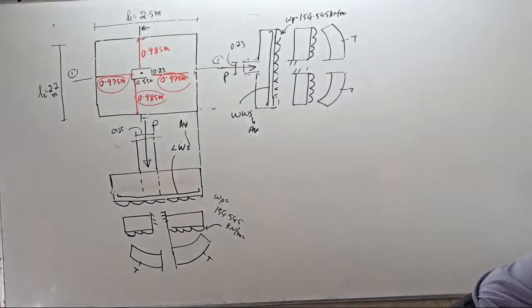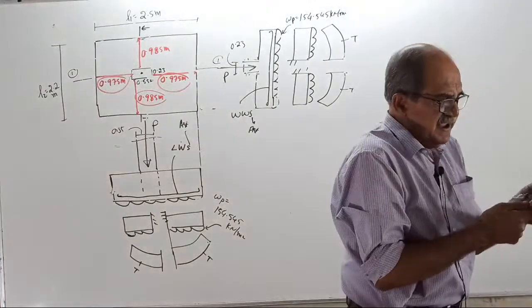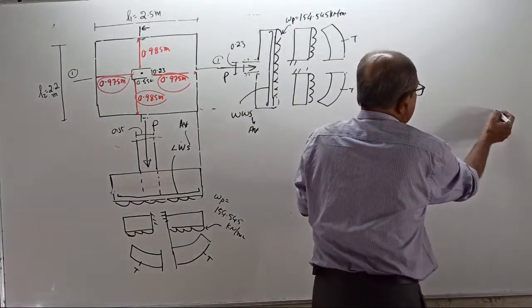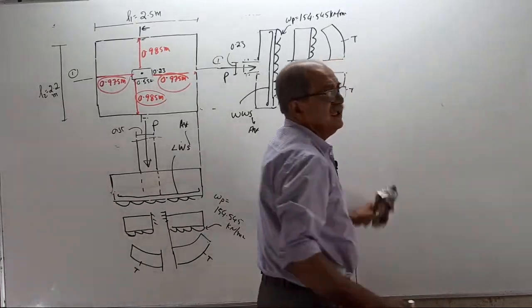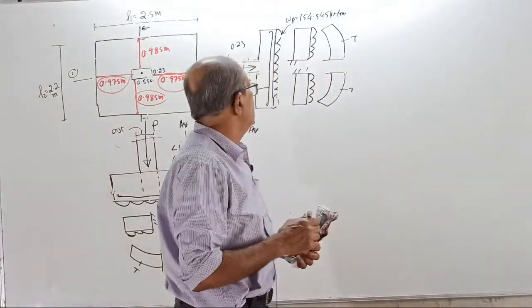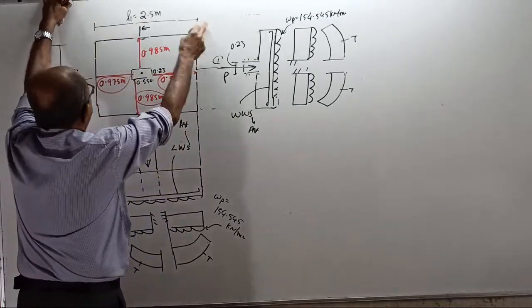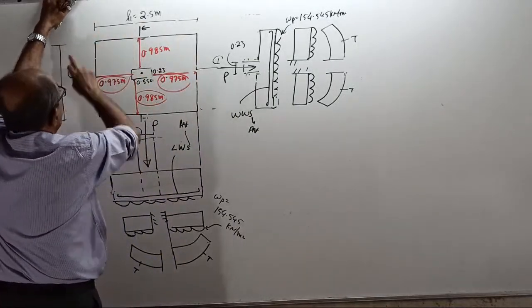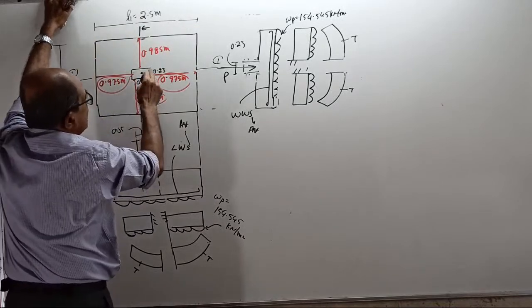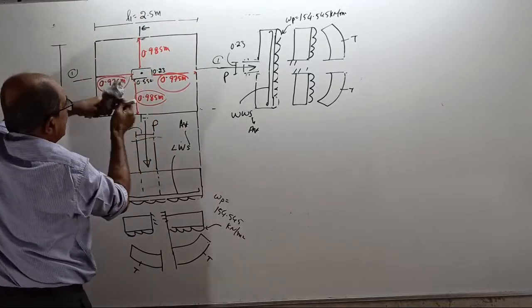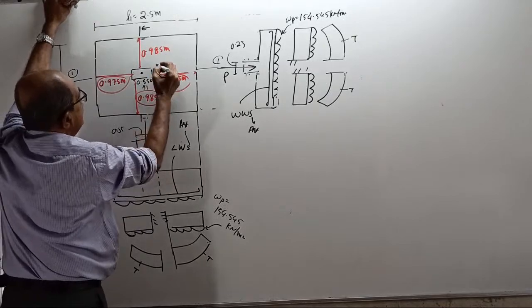Continue. I will do the problem. Simultaneously I will give the procedure sheet so that everything is clear. See, continue in the procedure sheet. Sketch the plan. Mark the column. Mark footing dimensions: L1, L2, S1, S2. See, this is S1. Remember, this is your S1. This is your S2.